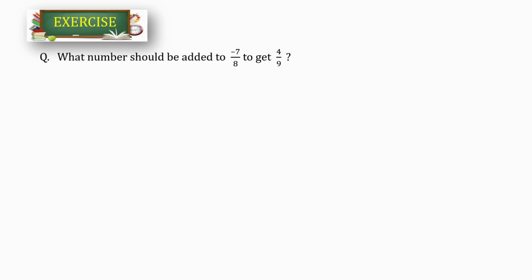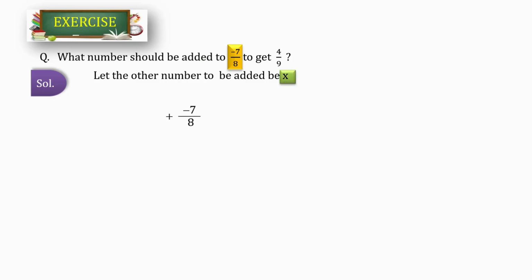What number should be added to minus 7 by 8 to get 4 by 9? So let's take the number to be added as x. Now let us take step by step. So if we transpose, be careful about the sign, since minus 7 by 8 was on the left hand side, it was plus.